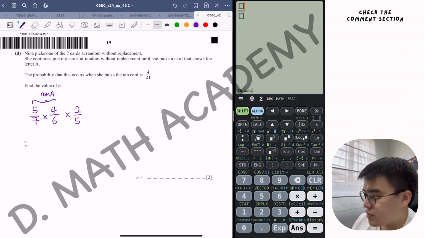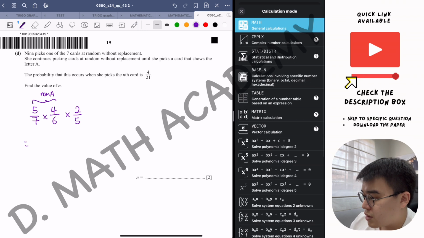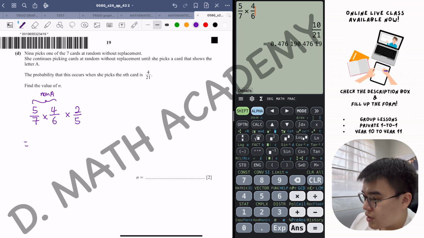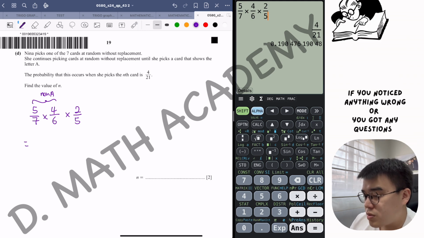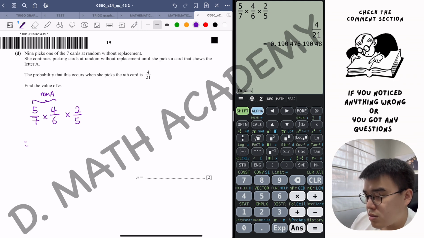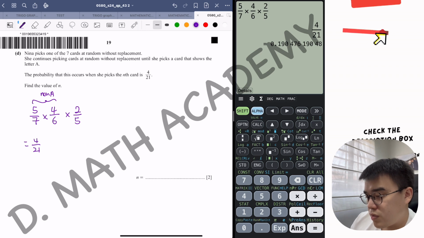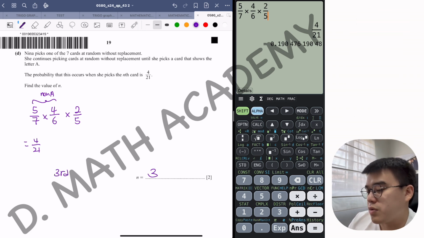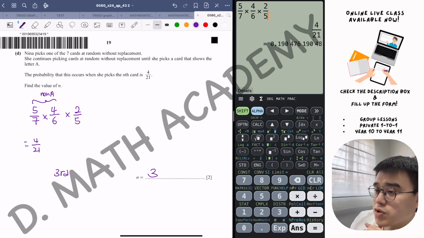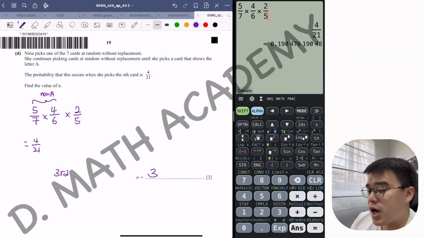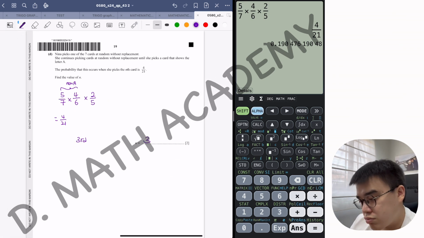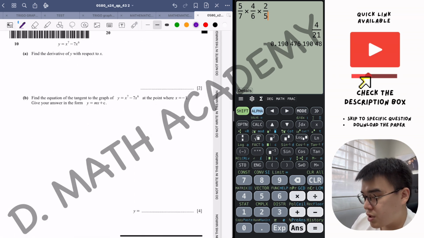Let's see if it results in it. 5/7 times 4/6 times 2/5. Oh, so yeah, this is the answer indeed, which means this is the third draw. Then you will get the answer already. Surprisingly easy. It wasn't the hard version like what we previously did in other papers. So yeah, they're being generous here.